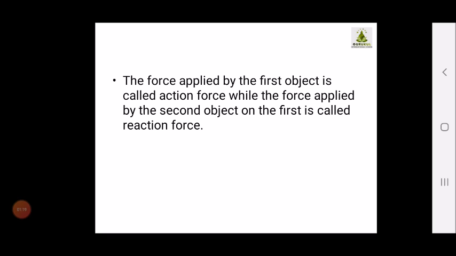The force applied by the first object is called the action force, while the force applied by the second object on the first is called the reaction force. Suppose you have a football or basketball in your hand and you bounce the ball to the ground, that is your action force. When the ball bounces back up, that is the reaction force.